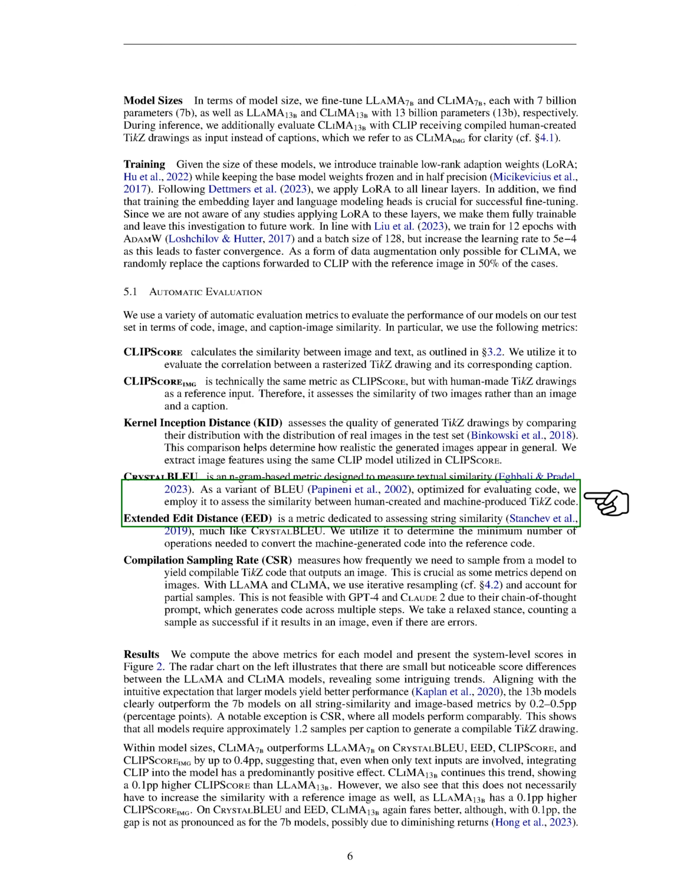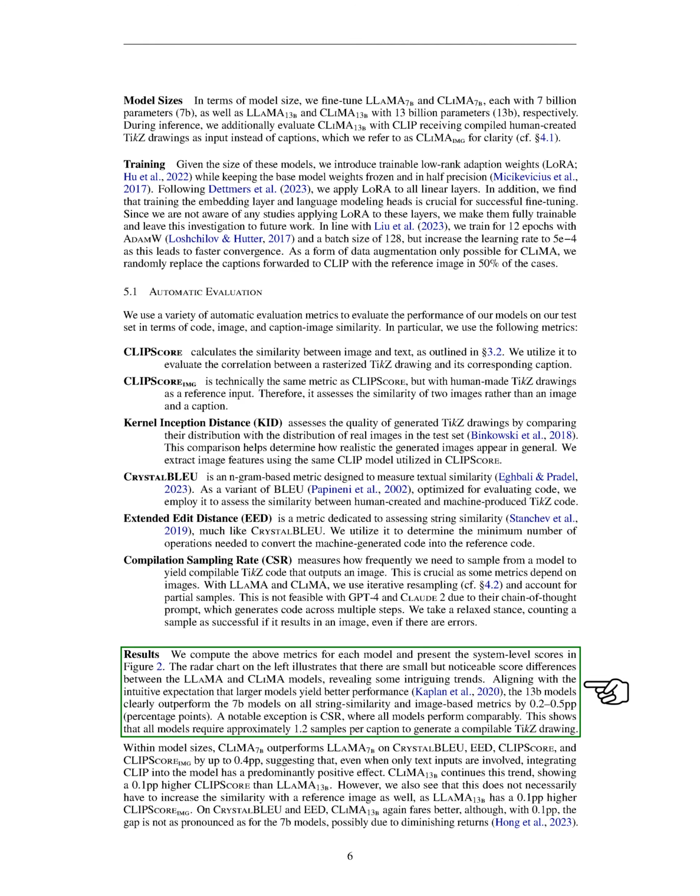The extended edit distance metric was used to measure string similarity. This helped us determine the minimum number of changes needed to transform the code generated by our models into the reference code. 6. The compilation sampling rate metric measures how often we need to sample from a model to get compilable code that produces an image. This is important because some metrics depend on images.